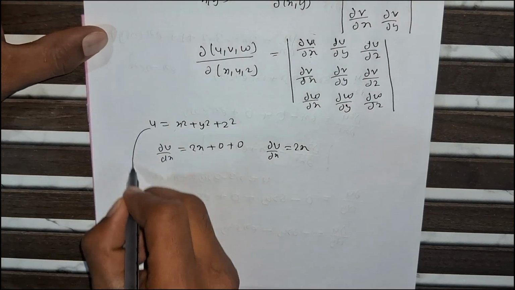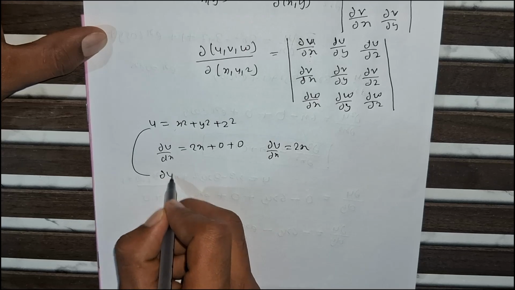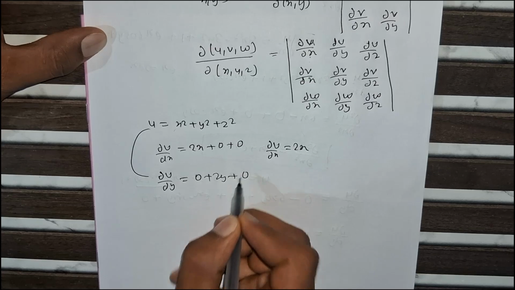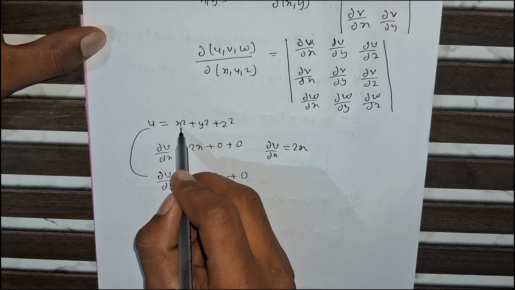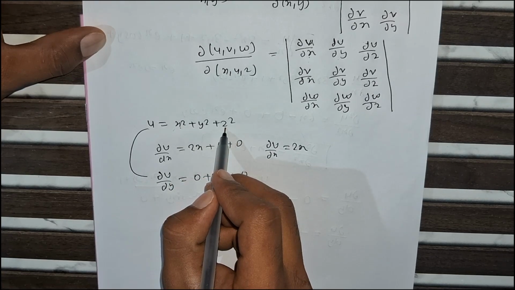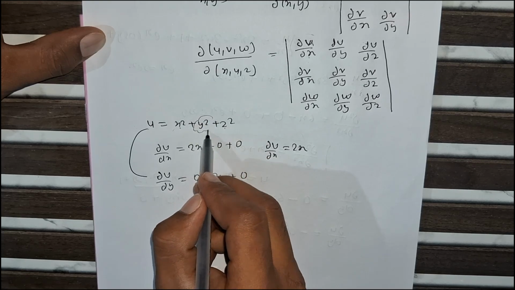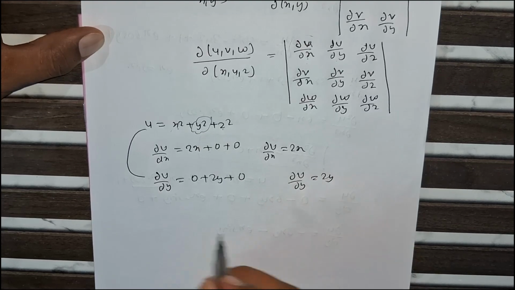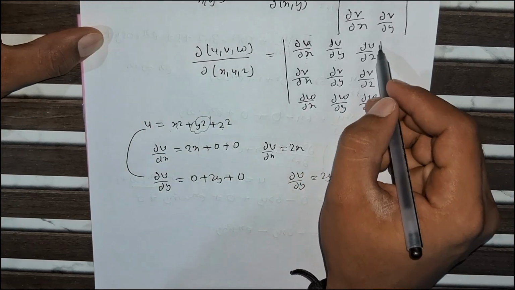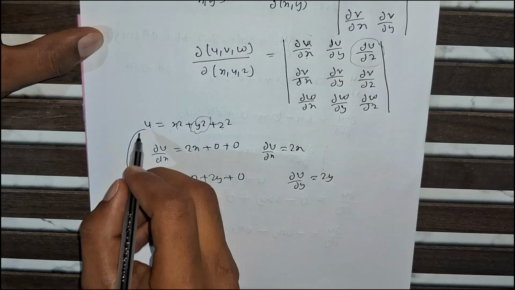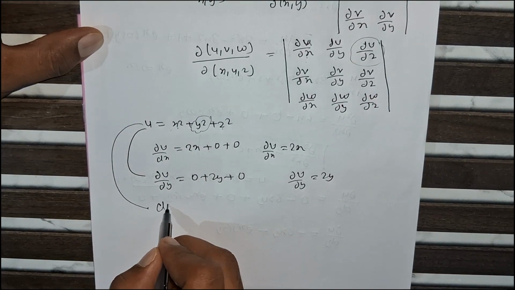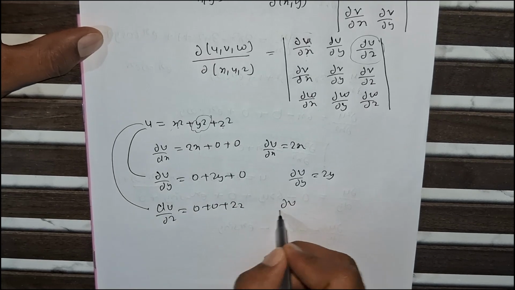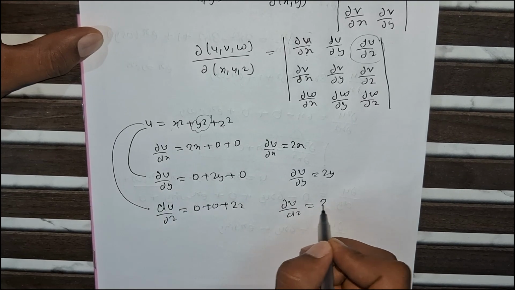Again differentiate u with respect to y: 0 plus 2y plus 0, because the differentiation of x square and z square with respect to y is 0, and we differentiate only this term with respect to y. So del u by del y equals 2y. Now differentiate our third term, del u by del z. Again differentiate with respect to z: 0 plus 0 plus 2z. So del u by del z equals 2z.